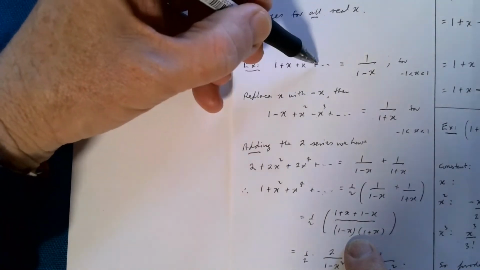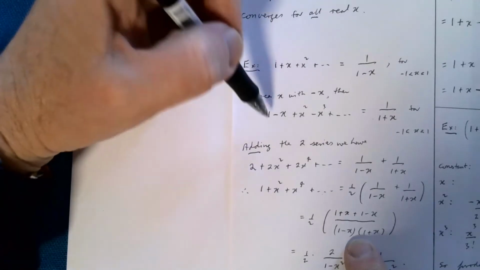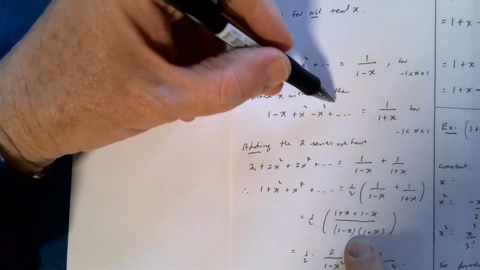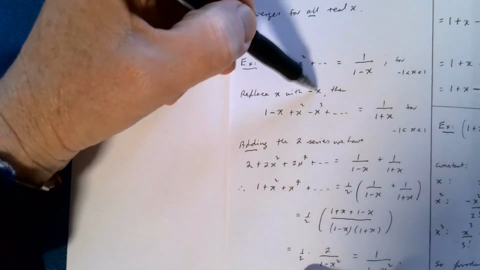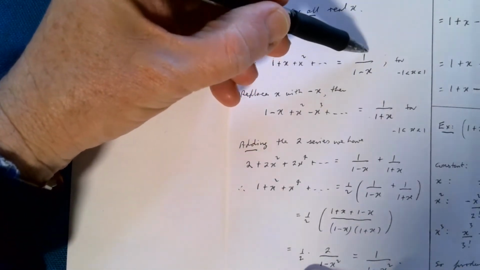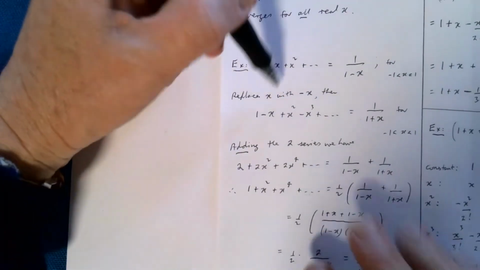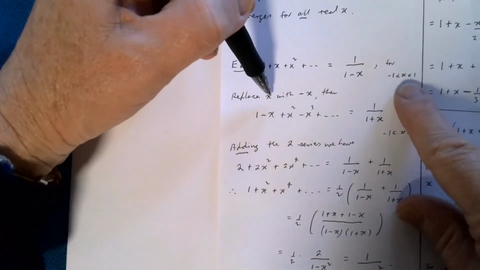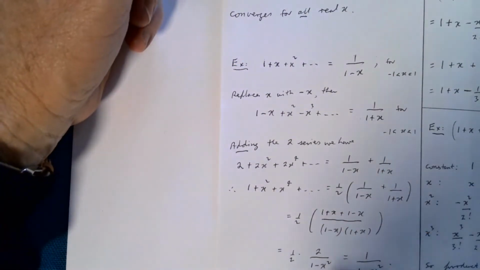If I cube minus x, then I get minus x cubed. So I'm going to get a similar series, except all the odd terms are going to be negative. And if I replace x with minus x in here, then I get 1 minus minus x, which is 1 plus x. And as I said, if x is between minus 1 and 1, then minus x is also between minus 1 and 1.